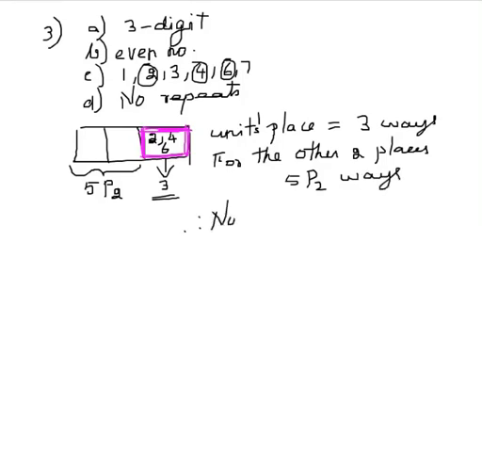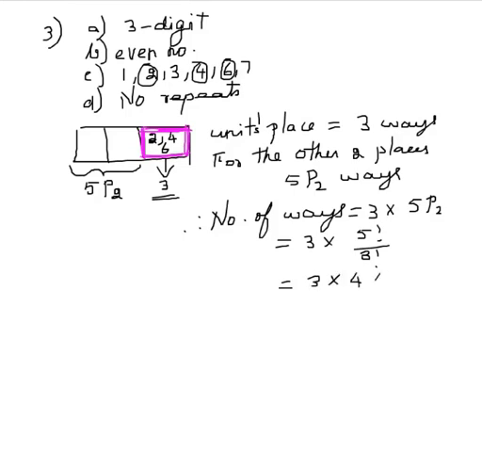Therefore, number of ways is equal to 3 times 5P2, which is 3 into 5 factorial by 3 factorial. 4 times 5, which is 60.